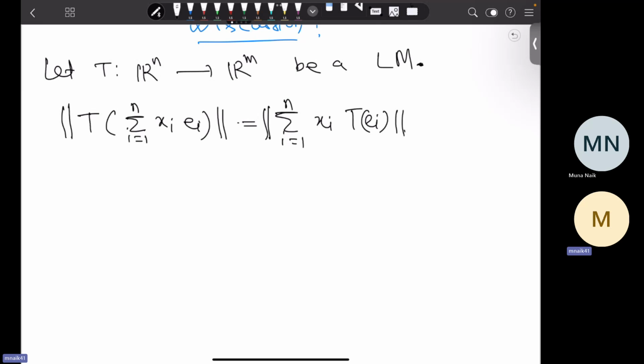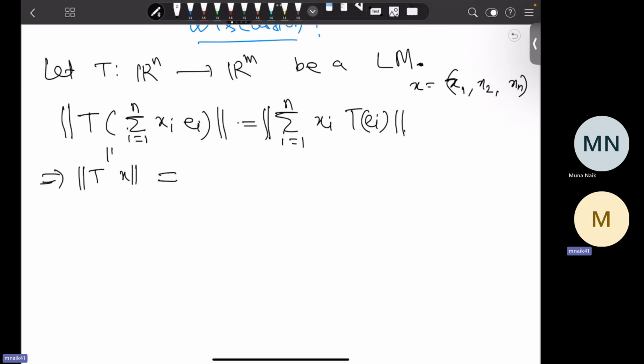What is x? x is really nothing but x1, x2, ..., xn. The left hand side is just the norm of Tx.